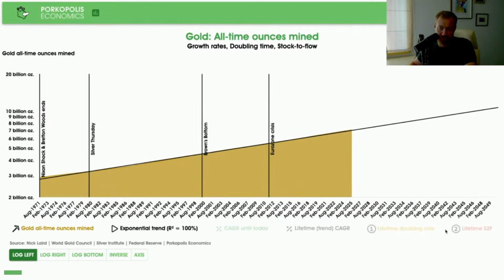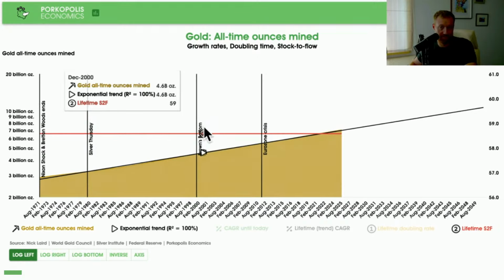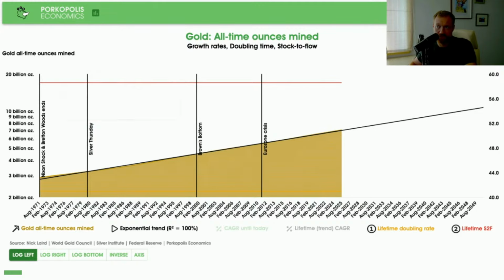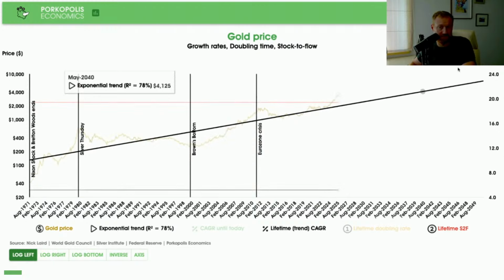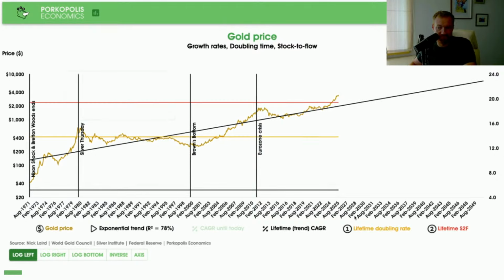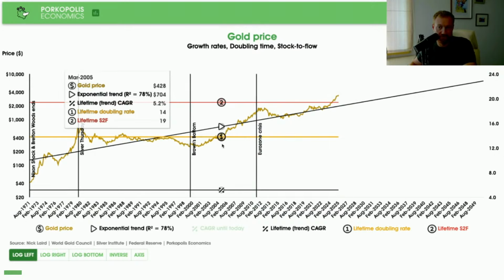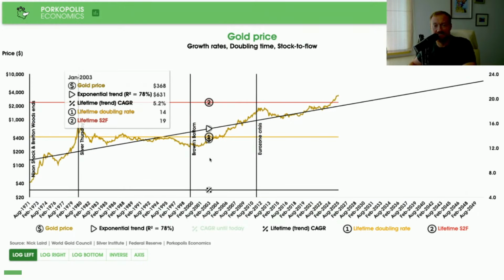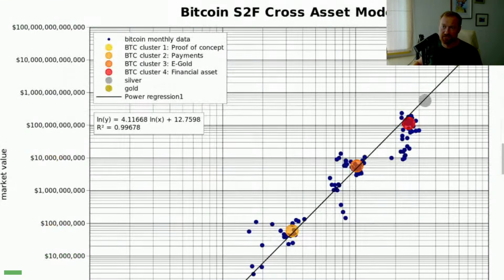I just showed you gold has a stock to flow of 60, which is completely different than its doubling time, which is 40, which is completely different than its price growth, which is 5.2%, or a doubling rate of every 14 years, which, if you want to do the caveman stock to flow, is 19 years. Which is correct? Which is the number that we throw into our cross-asset model, into Bitcoin stock to flow, which has nothing to do with it? I probably should write a paper on this, right?